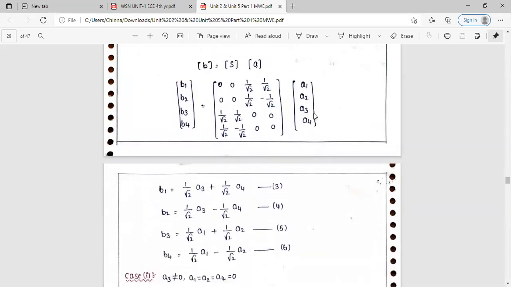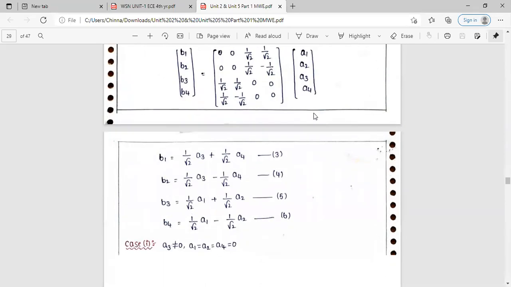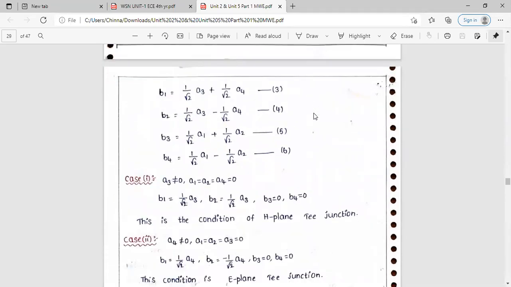To obtain the reflected waves, for the 4-port network we consider B1, B2, B3 and B4, so we obtain 4 equations. B1 is equal to 1 by root 2 into A3 plus 1 by root 2 into A4, equation 3. B2 is equal to 1 by root 2 A3 minus 1 by root 2 A4, equation 4. B3 is equal to 1 by root 2 A1 plus 1 by root 2 A2, equation 5.